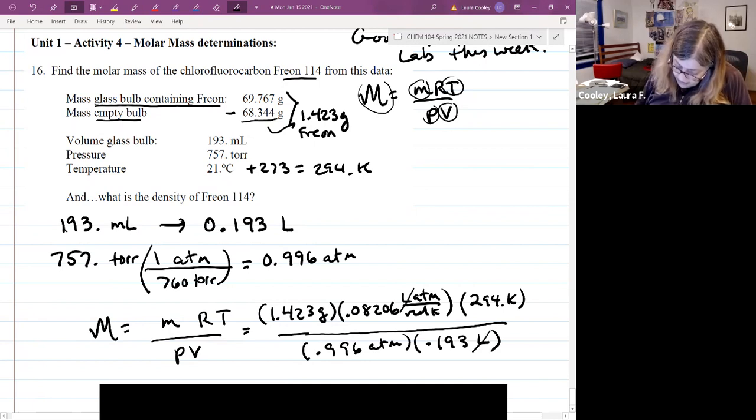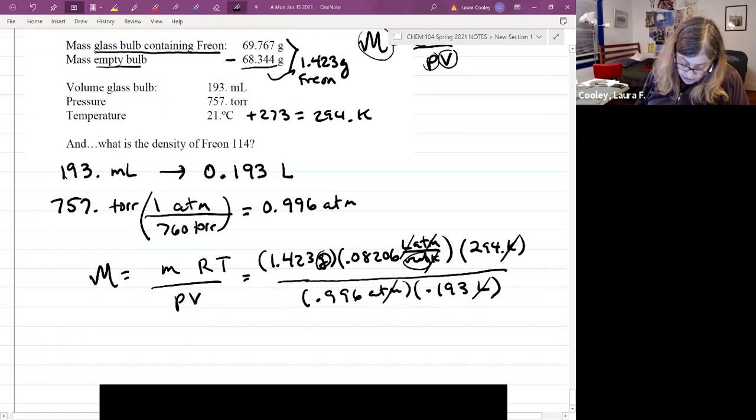Liters cancel, atmospheres, kelvins, and you end up with grams over moles, which is perfect because that's what the molar mass unit should be. And it comes out to 179.